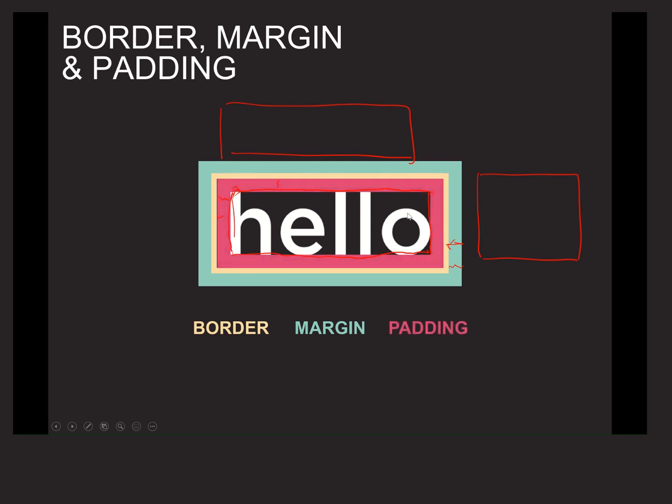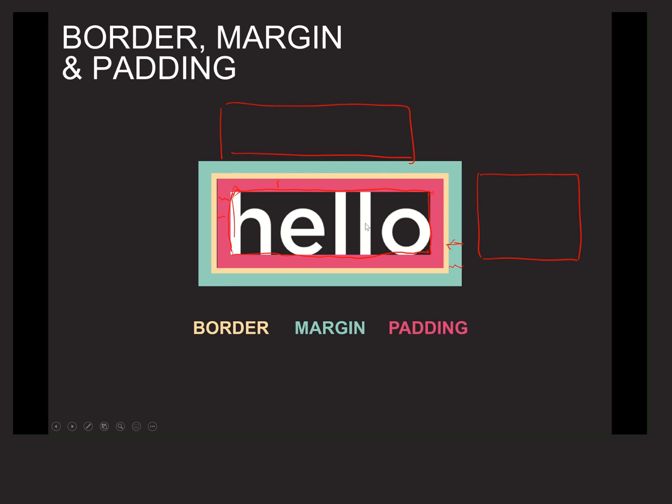So padding means, for example, you have a box defined this way, but you don't want the text to start from the box border. So you add padding. You insert something in between, to differentiate the border and the content.